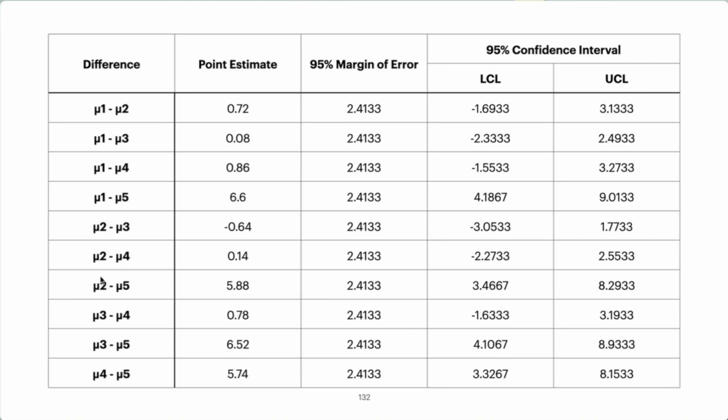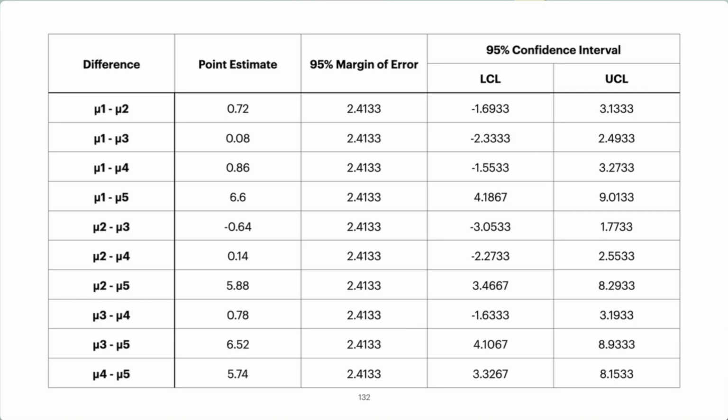Comparing treatment means 2 and 4, that interval contains 0 as well, and so again, we are not able to conclude that a difference exists between treatments 2 and 4. Now looking at the comparison of treatment means 3 and 4, that interval contains 0 as well. And so there would be insufficient evidence at the 0.05 level of significance to conclude that treatment means 3 and 4 are different.